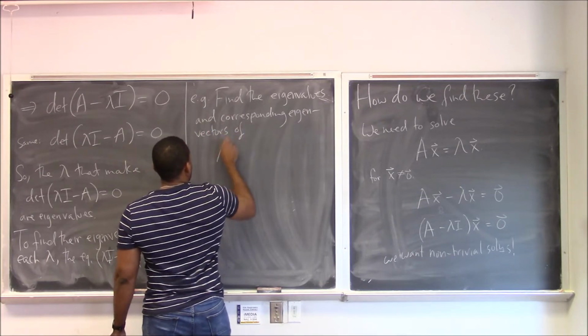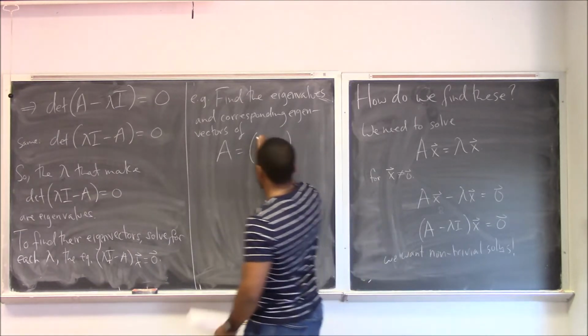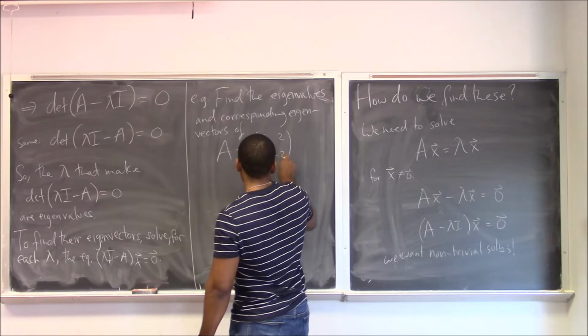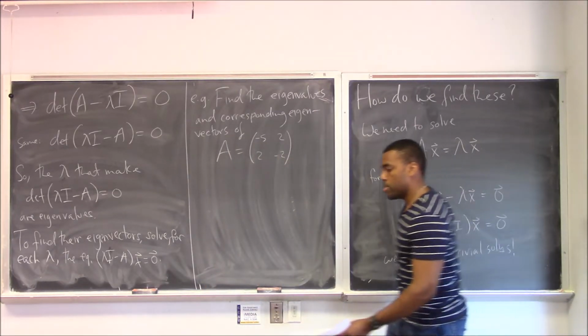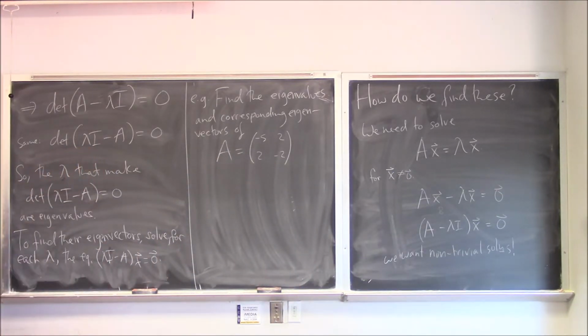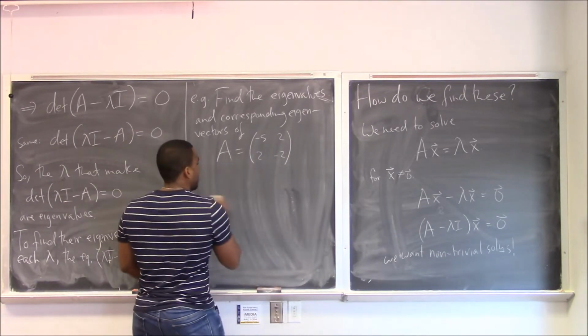So here I'm giving you a linear transformation, a 2 by 2. So it's a transformation from R2 to R2, one way you can think about it. That's a transformation that will do some sort of manipulation of R2. And I want to know what vectors in R2 are only scaled by this linear transformation. So this tells us how we're going to do it.